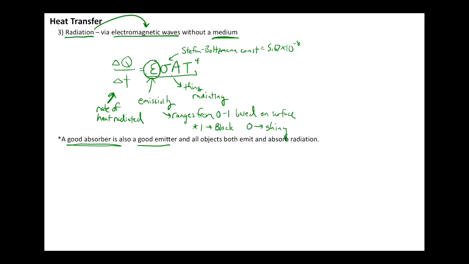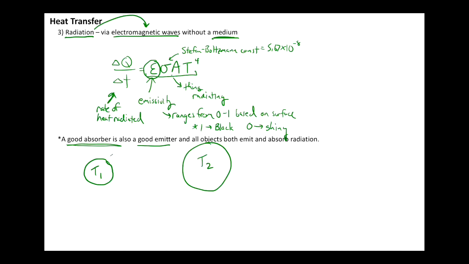So we're going to do one more thing here at the bottom of the slide, and then chapter 19 will be in the books, yay, by looking at two different objects and the object giving up energy through radiation and taking in radiation from something else. So let's say that the first object has a temperature T1, and there is something over here, some other object that has a temperature T2.